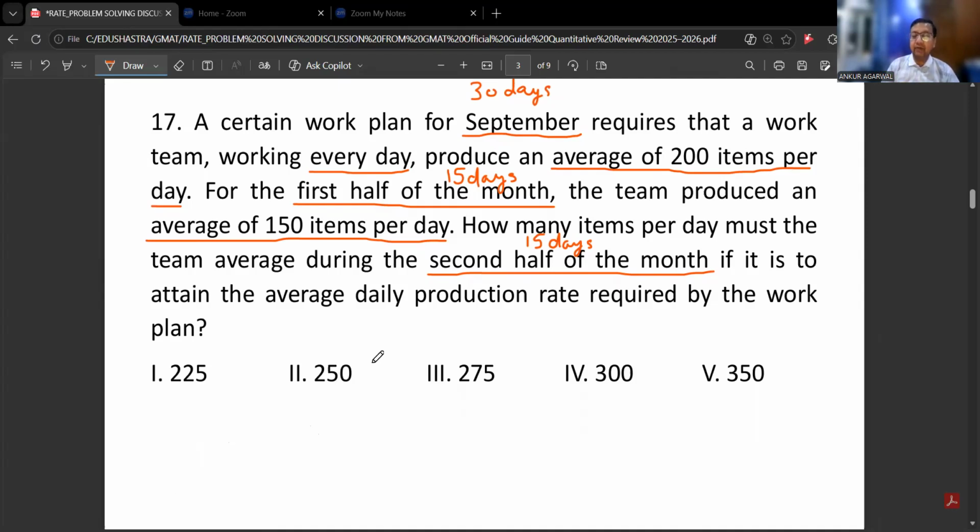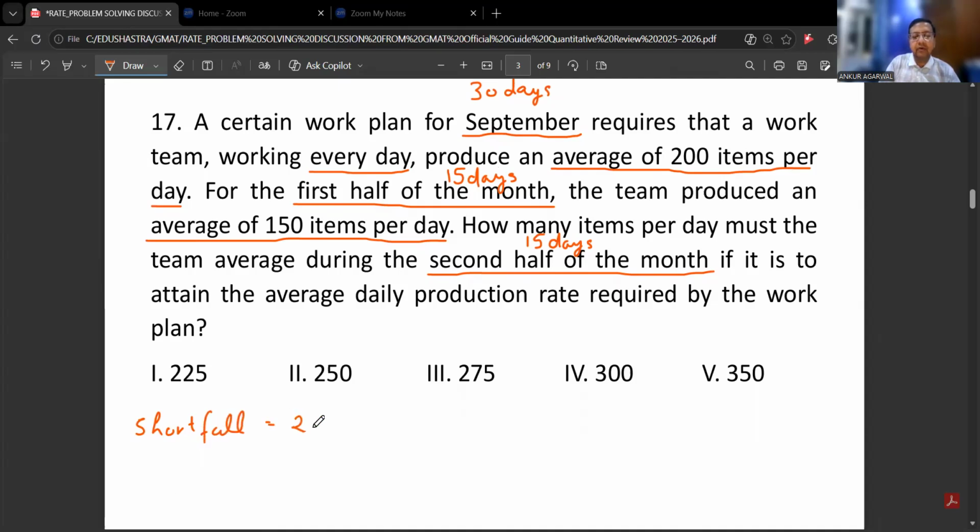We have identified some key points here. Total time 30 days, first half 15 days, second half 15 days. I have to achieve the average of 200 items per day, but we are having 150 items per day. So there is some shortfall.